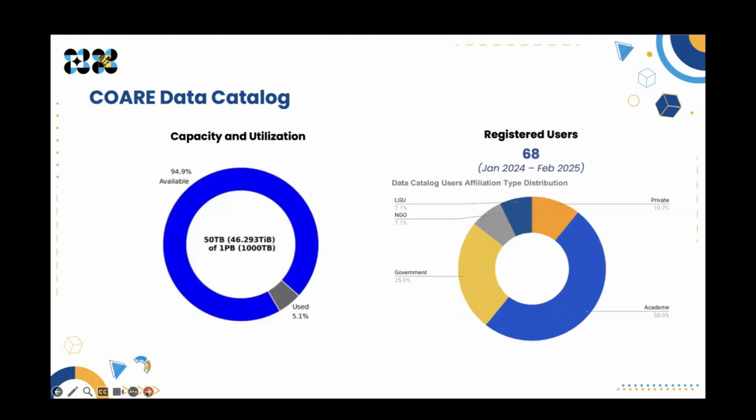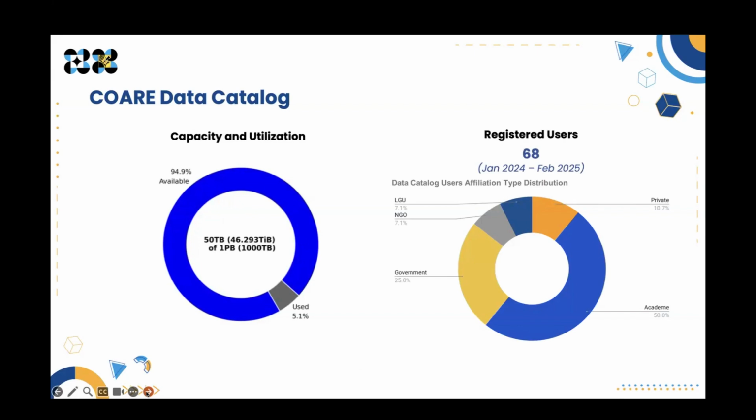Okay, so this is our current capacity. So we have around 1 petabyte of storage available, and out of that, only around 50 terabytes are being used. So we want to promote this locally so that more universities and academic institutions will be aware that there is such a platform and that they can use it if they have such a need for it.